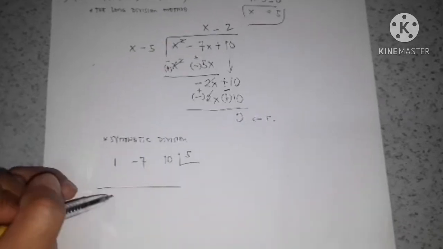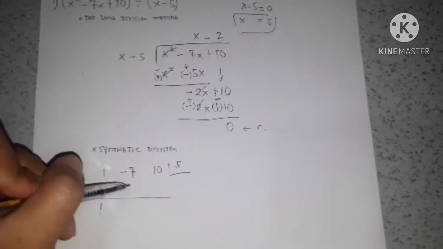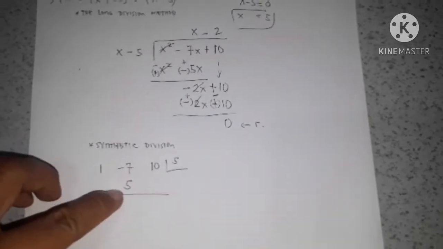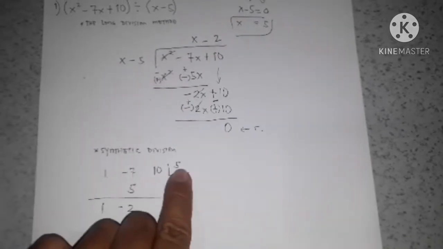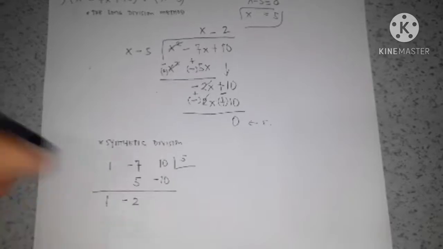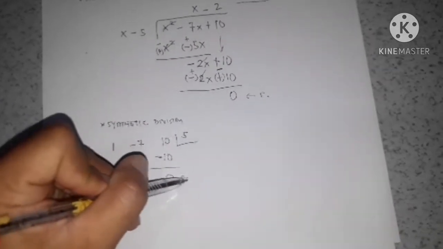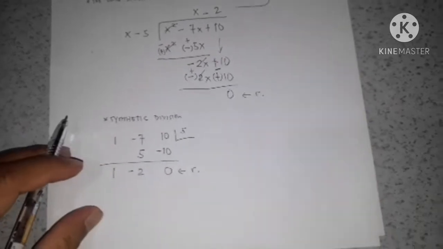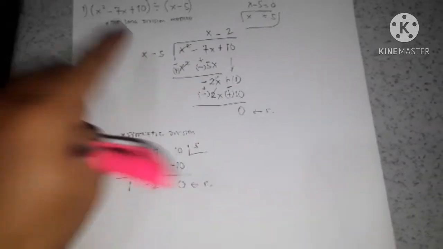Ayan, so bring down 1. You have 1. 1 times 5 is 5. Dito ang sagot. Negative 7 plus 5, that is negative 2. And then negative 2 times 5, that is negative 10. Positive 10 plus negative 10, that is 0. Okay, parehas sila. Ang remainder is 0. And then you have x squared divided by x, that is x.